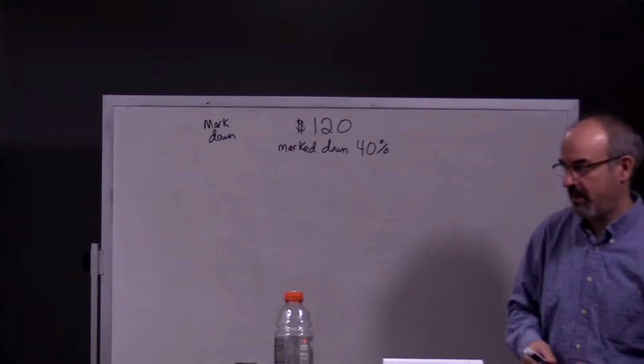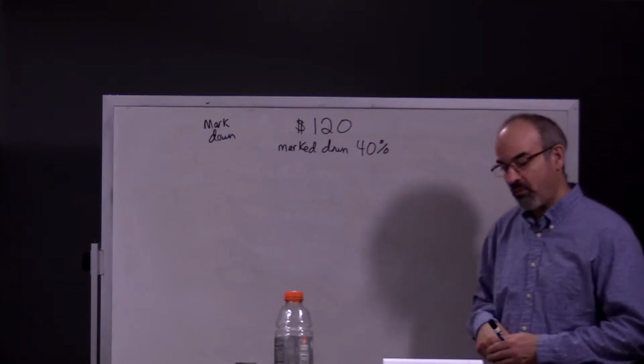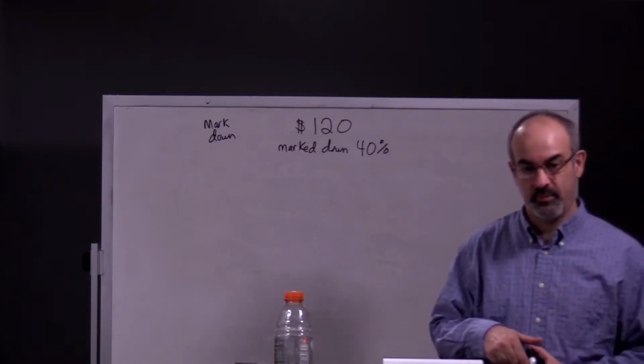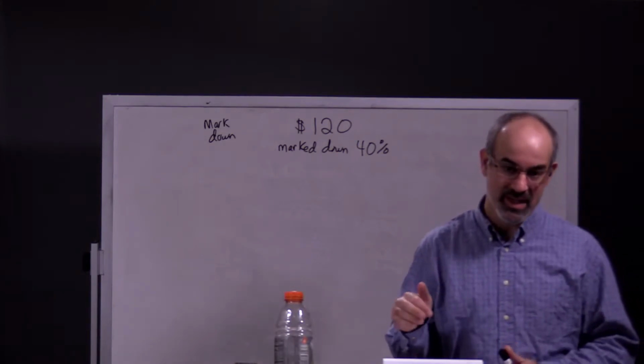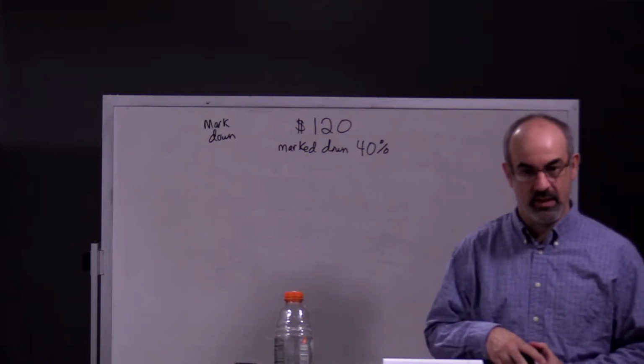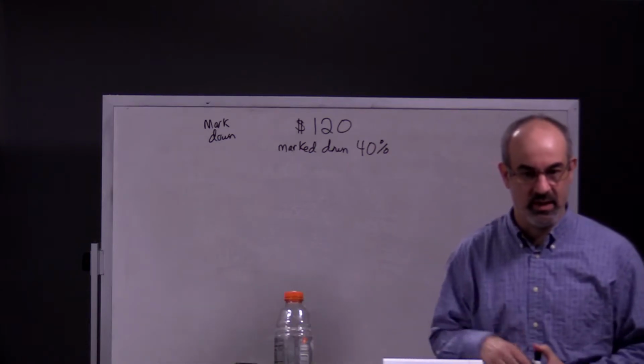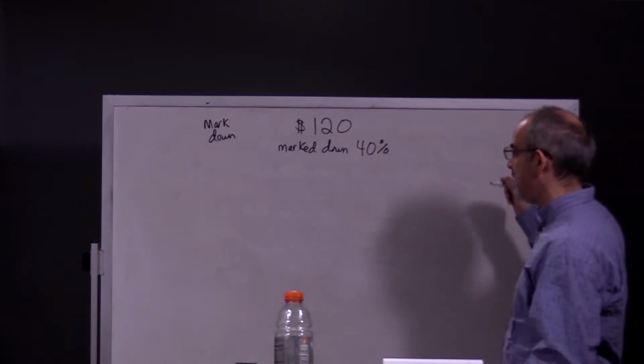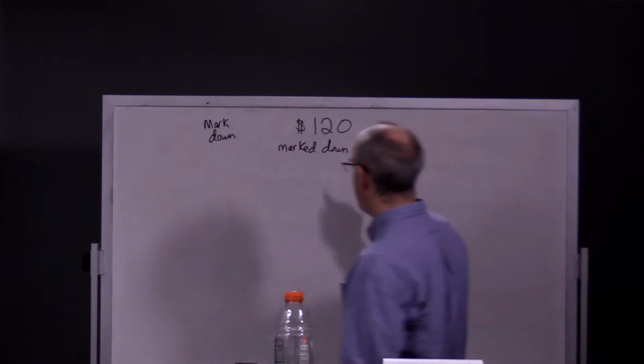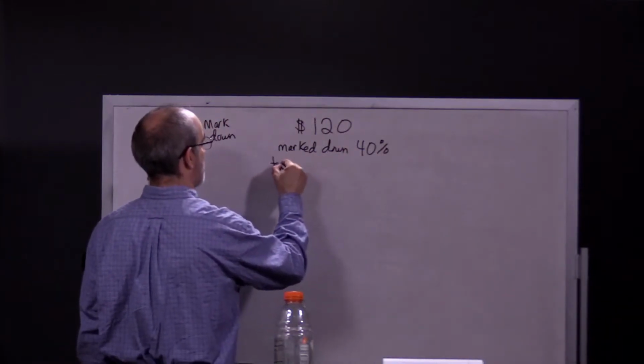Marked down 40%. So it's not going to go all the way down to $60. It's probably going to be around $70. So I'm going to estimate, so the question is, how much does it cost now?